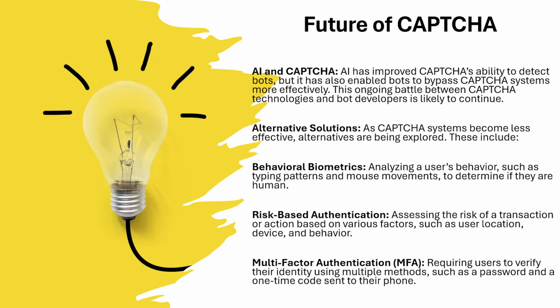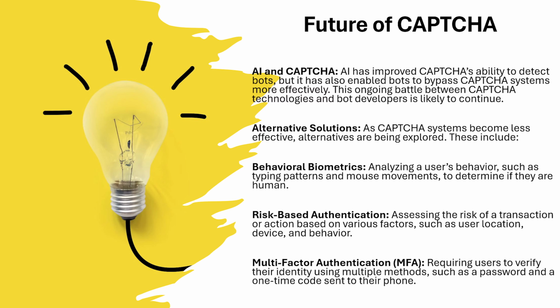Now if you see the future of the CAPTCHA, alternative solutions are emerging as CAPTCHAs become less effective, including behavioral biometrics, where like I mentioned, the pattern of how the user is interacting with the system will be recognized: what is his typing speed, how fast he moves the mouse from one pointer to another, what websites he visits, and what the typing pattern is.